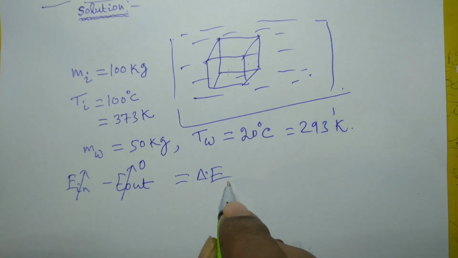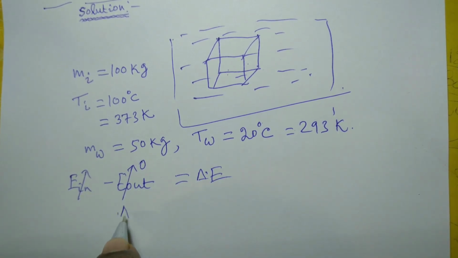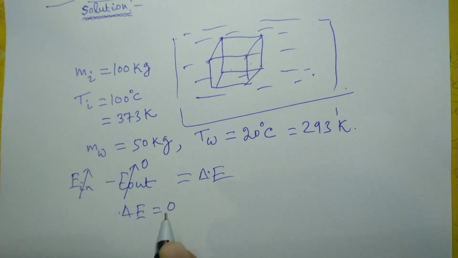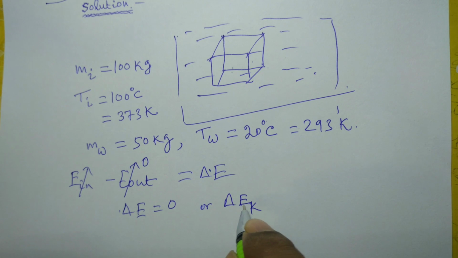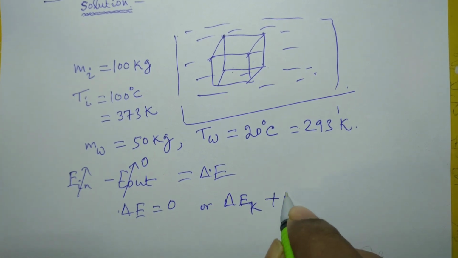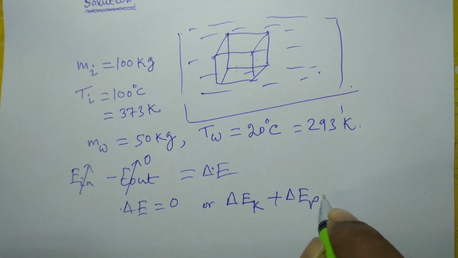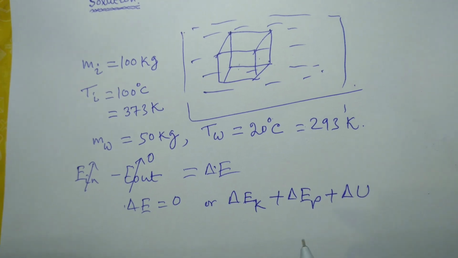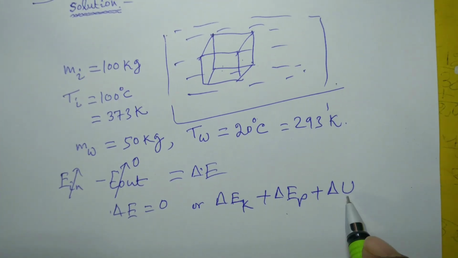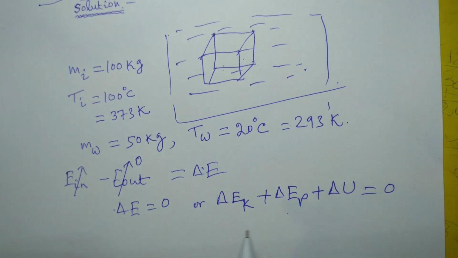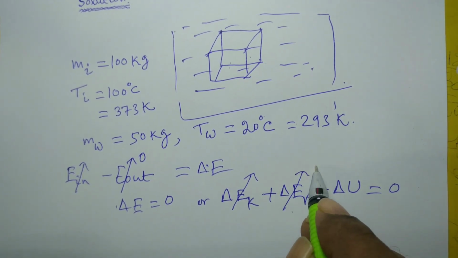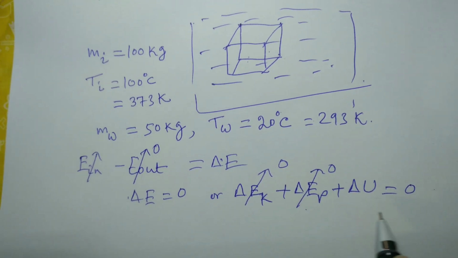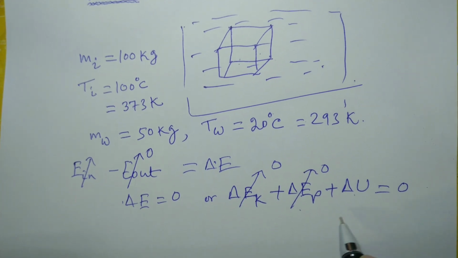Now the energy balance principle reduces to delta E equal to 0, or delta Ek, the change in kinetic energy, plus delta Ep, the change in potential energy, plus delta U, the change in molecular internal energy, equal to 0. But for a stationary system, the first two terms are 0. So this equation is nothing but the change in internal energy equal to 0.